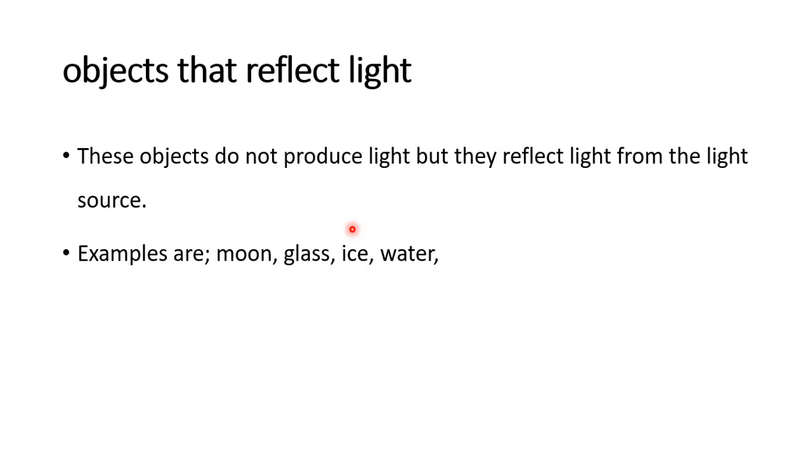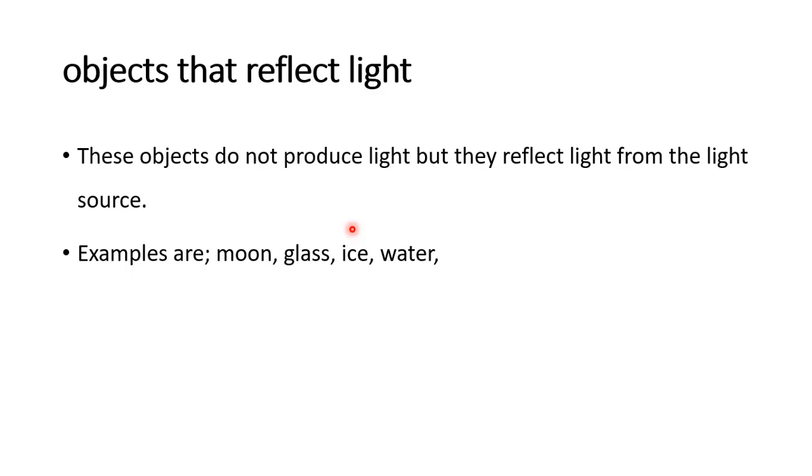Now, you should also know that there are some materials or some objects which look as if they are producing light on their own, but they do not. And some call those materials light sources.